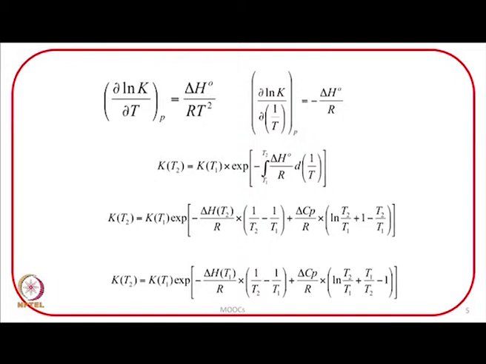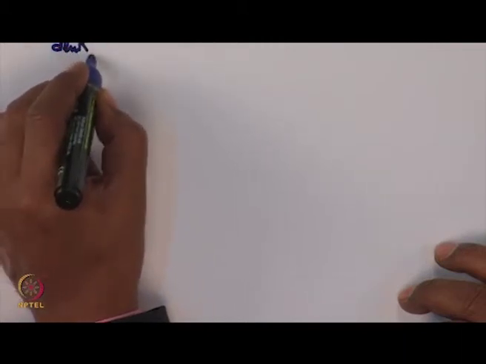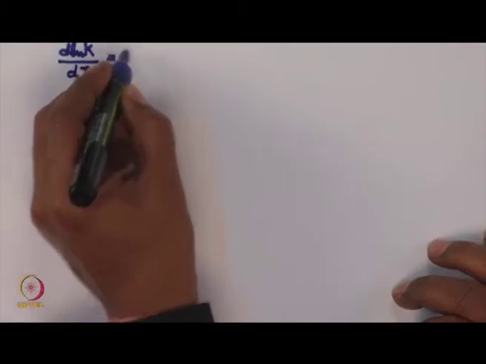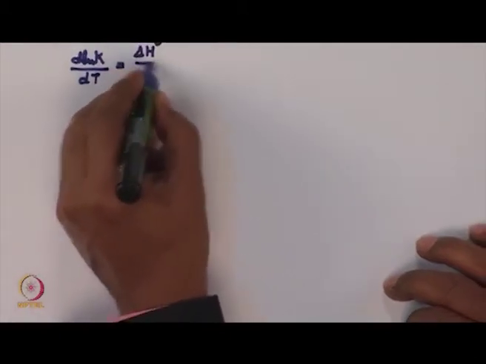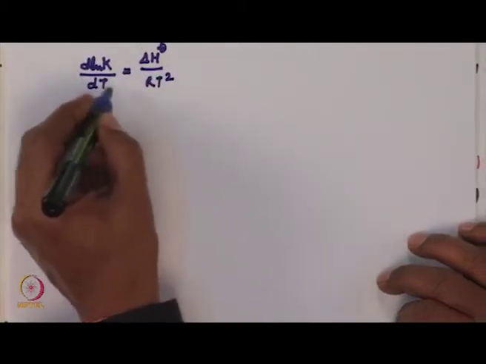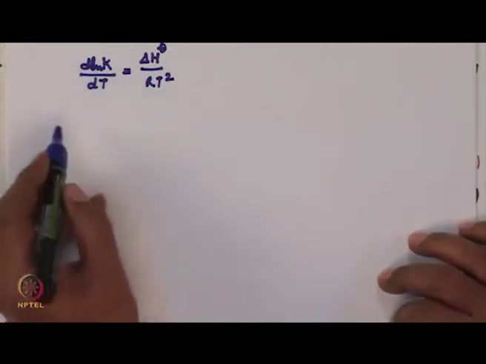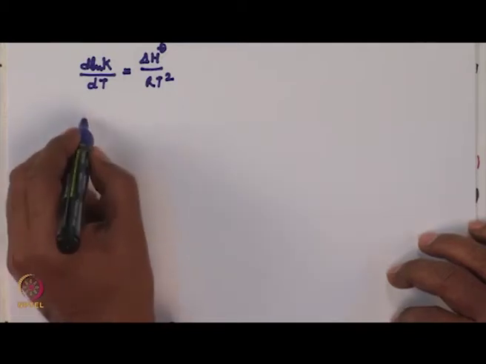Let us start with the Van 't Hoff equation, which is d log K by dT, of course at constant pressure, equal to delta H naught by RT square. Actually it is a partial derivative at constant pressure, but for the sake of integration I am just writing d log K by dT as delta H naught by RT square.